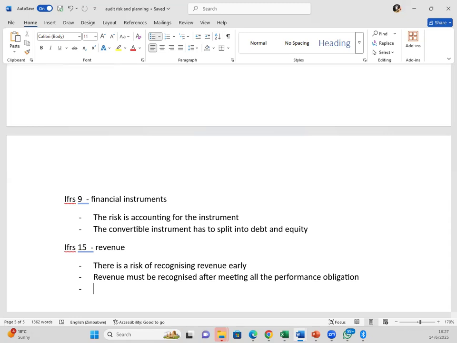So that is the problem associated with revenue. Normally, revenue is used by management as a way of trying to manipulate the profit. They can recognize revenue early. Then the last one, IFRS 16.